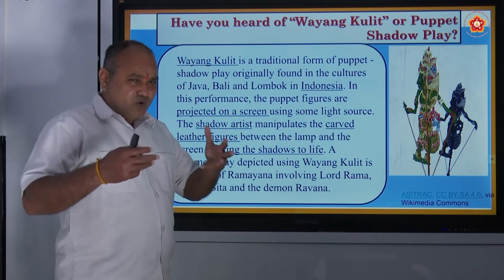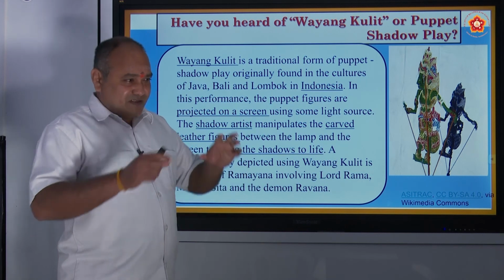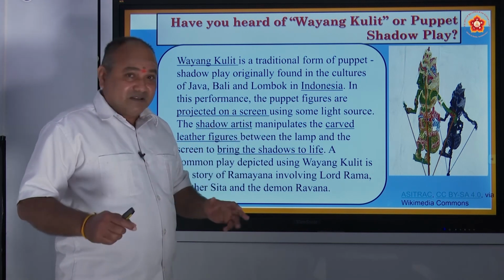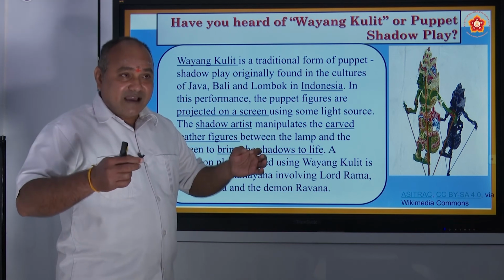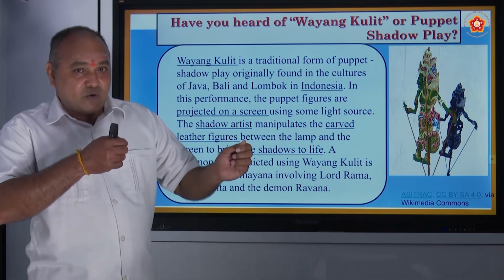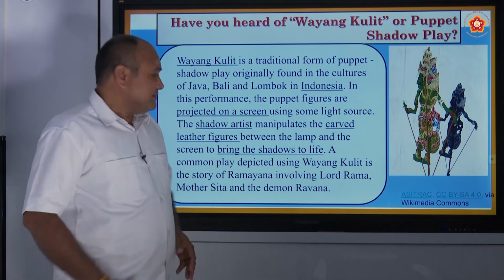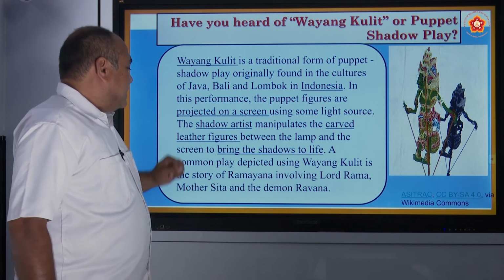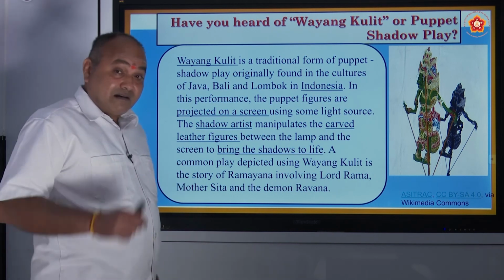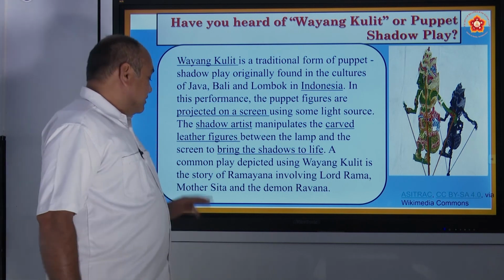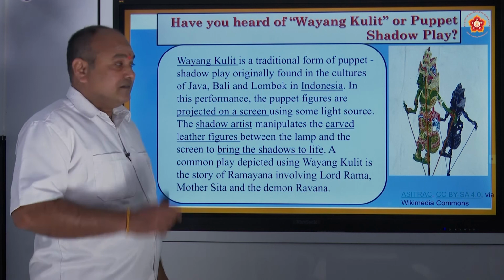See, when they move those leather objects, which are like Rama, Sita and all, they move the hands and legs and they try to put some arrows, to describe certain events. A common play depicted using Wayang Kulit is the story of Ramayana, involving Lord Rama, Mother Sita and Demon Ravana.